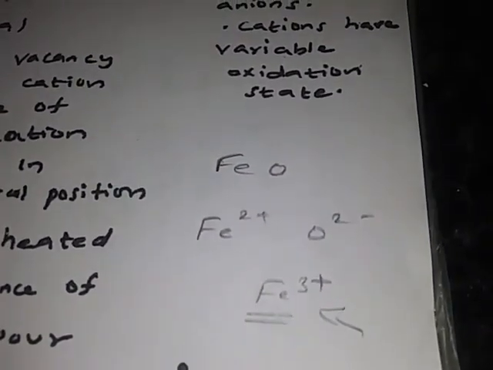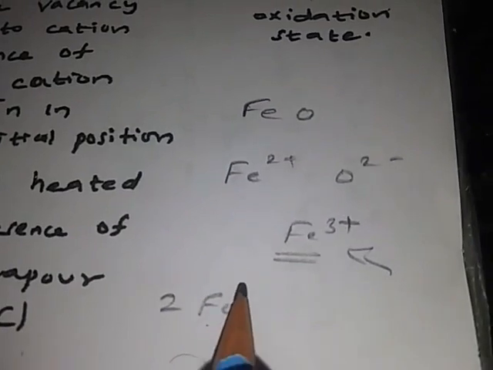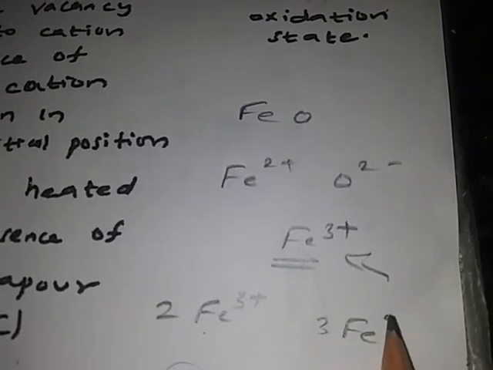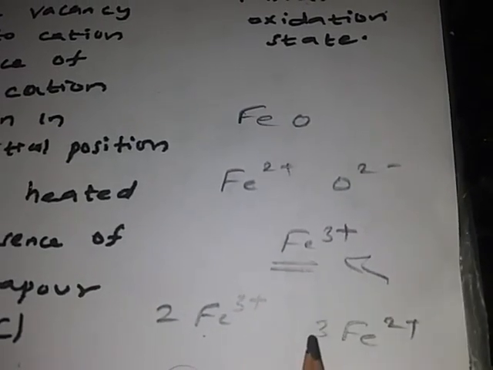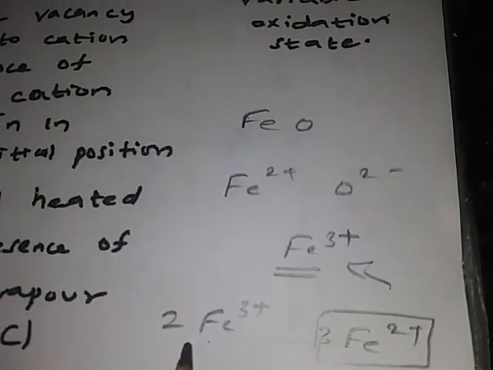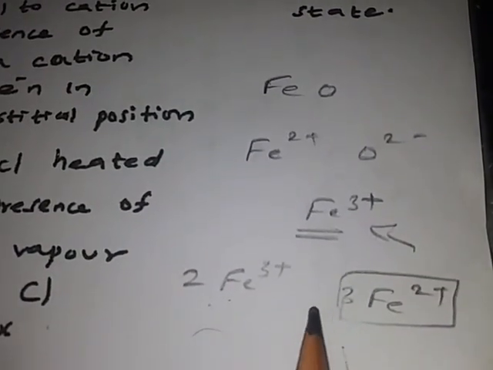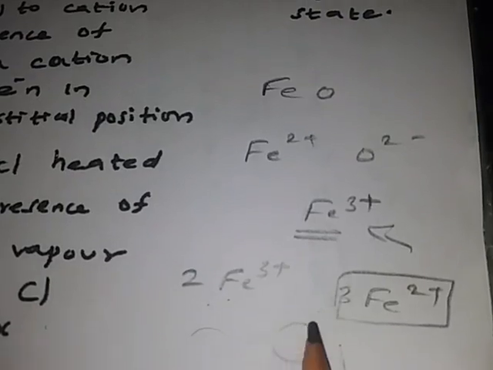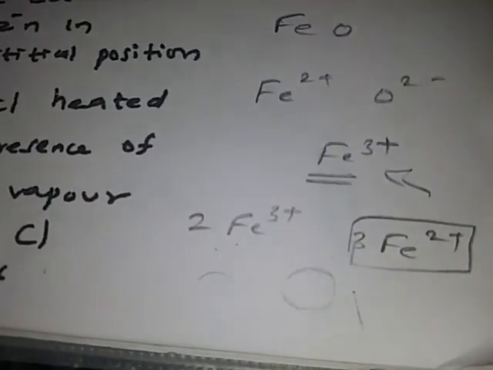In such a case, 2 Fe3 plus ions will replace 3 Fe2 plus ions, so 2 Fe3 plus ions will be present and one place will be vacant.